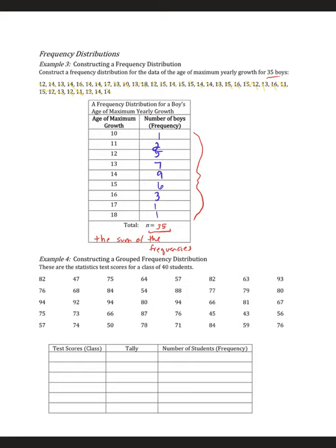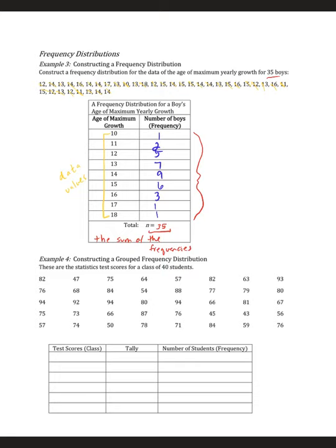Now we're going to define some of these terms. The numbers in the left-hand column, the ages, are what we call the data values. These are the answers, if you will: how old were you when you grew the most? So these are the data values.